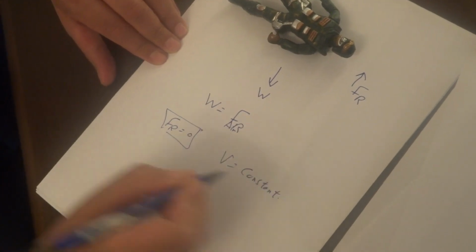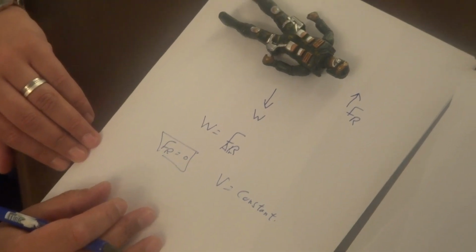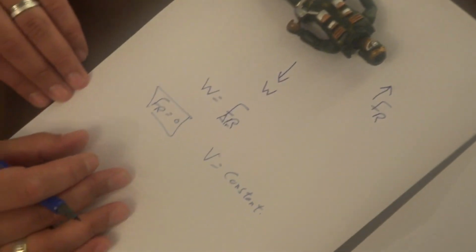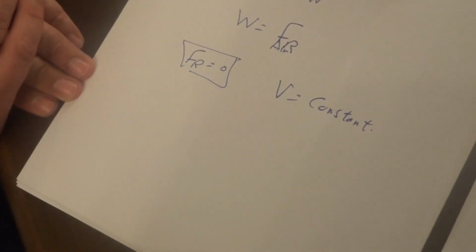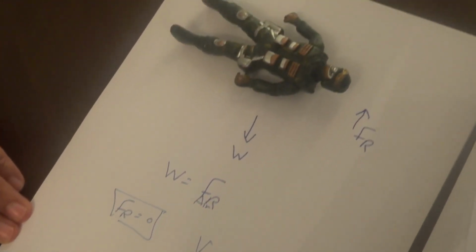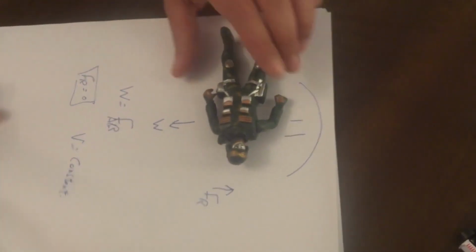We call this velocity the terminal velocity. This velocity is so high that the skydiver will die if he hits the ground at this speed. And now this skydiver will start to open his parachute.